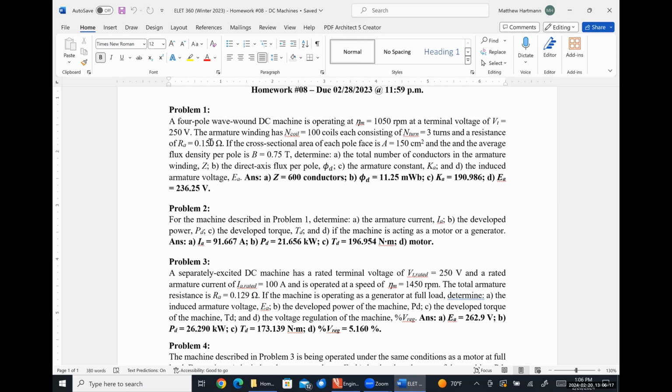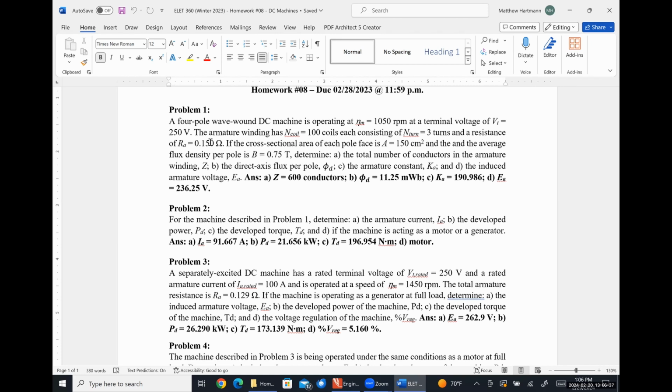So effectively, if the device is acting as a generator, the induced voltage EA should be larger than the terminal voltage VT, because we're going to see some losses in the armature resistance RA, right?